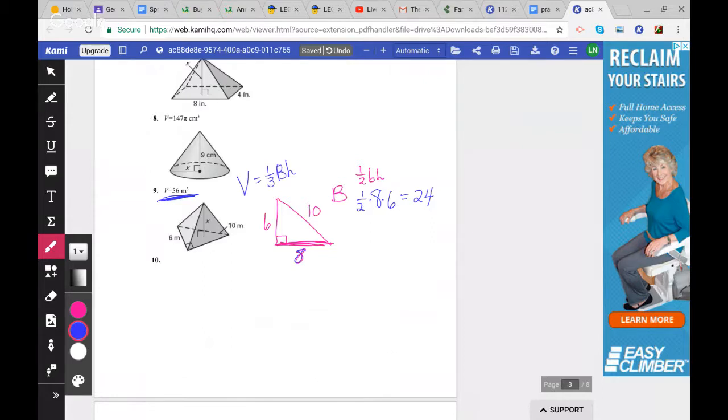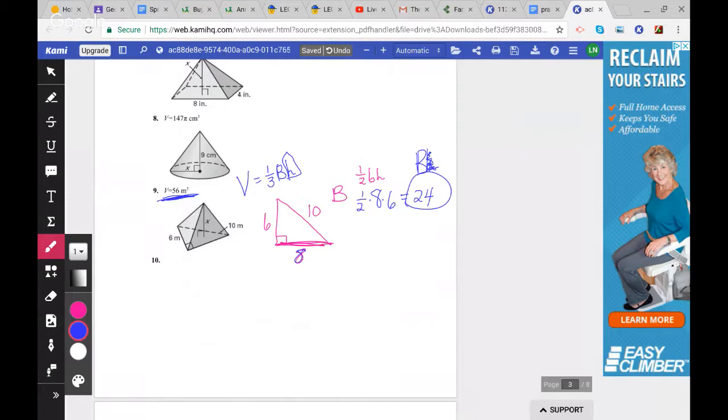So if we know the volume, we can plug it in for V, along with this B for the triangle. So then that'll let us solve just for H, which is our X.